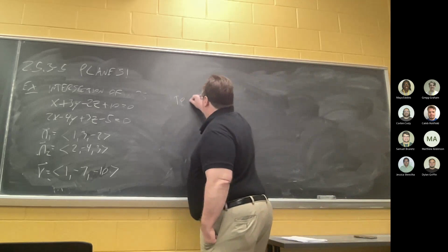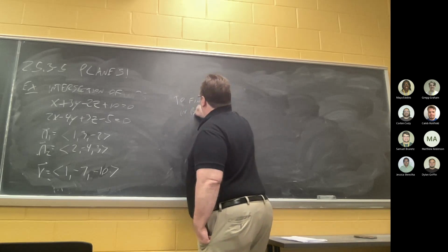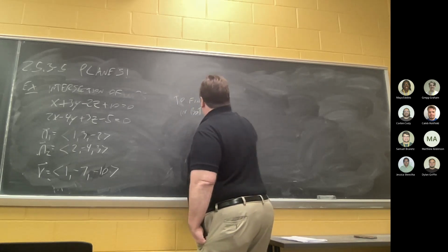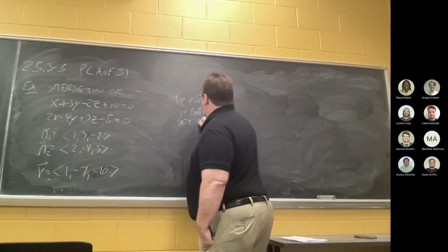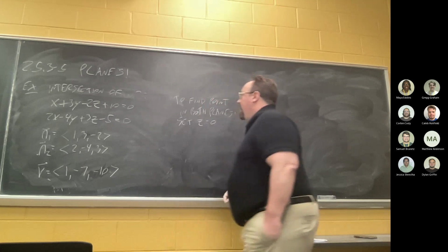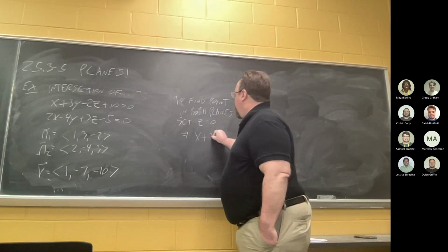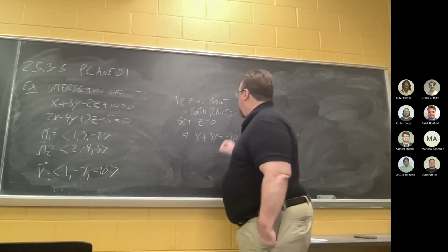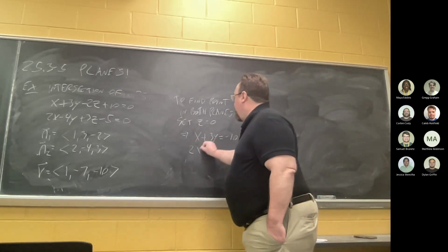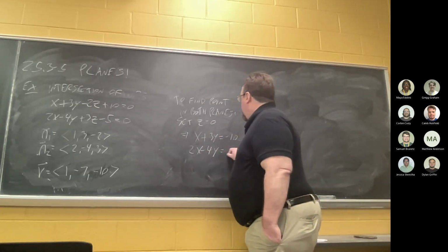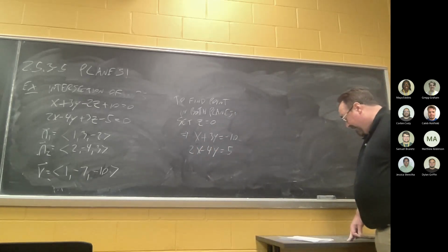So to find a point in both planes, I'm going to try setting z equal to 0. So now we have this system of equations: x plus 3y is equal to -10 from the first plane, and then I have 2x minus 4y is equal to 5 from the second plane.